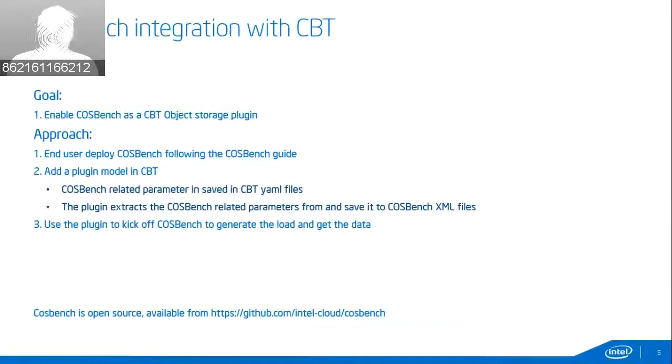The next step, we need to add a plugin module to CBT, and we prefer to add the parameters for Cosbench in the YAML file, and then let the module extract the parameters and save them in an XML file that Cosbench can use. After that, CBT will invoke Cosbench to do the detailed performance benchmarking work, and then parse the results from Cosbench and generate the final result.